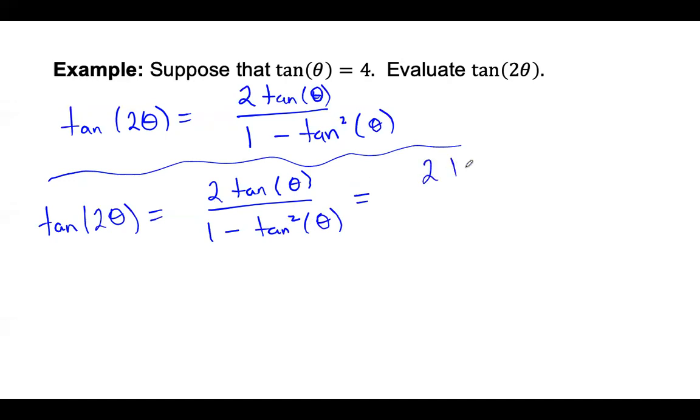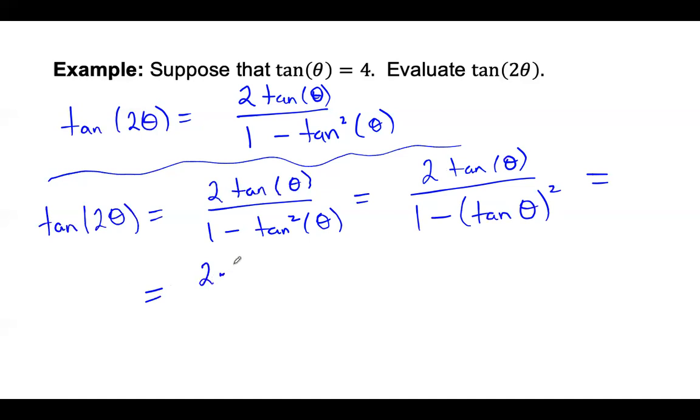So this is 2 tan theta. I'm writing the same thing about 3 times. 1 minus, we can take the 2, put it around tan. It means the same thing. You could skip this step if you know it. Now we can just plug in tan of theta equals 4, so 4 where tan of theta is.